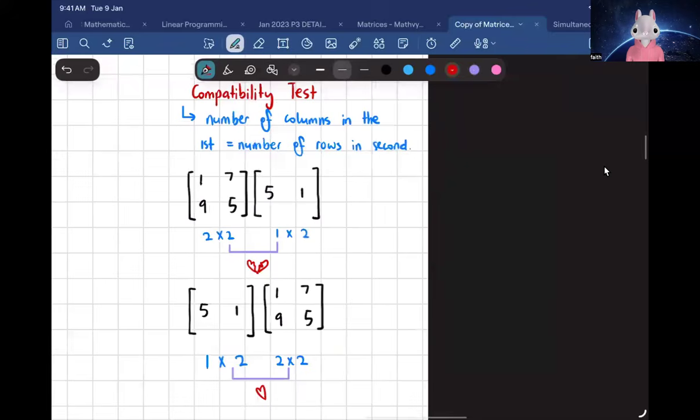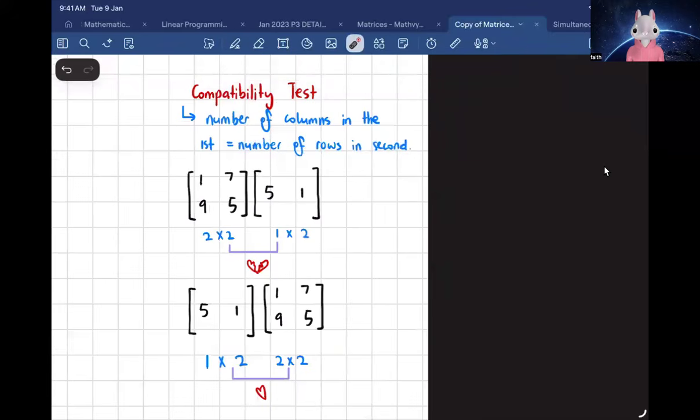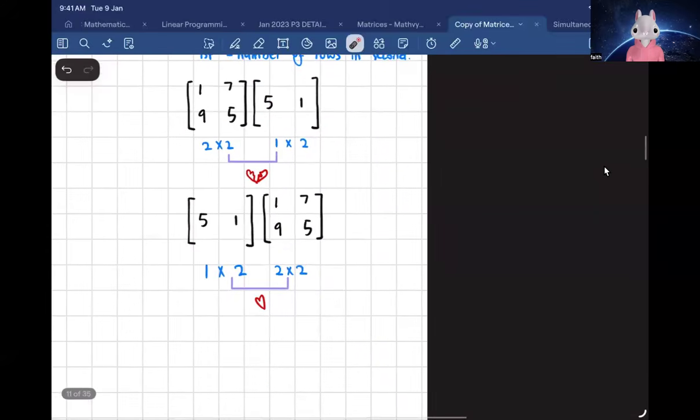So in other words, if the number of columns in the first matrix, how many columns do you have here? 2. And how many rows do we have here? 1. You see, it's not the same. You can't multiply that. All right.